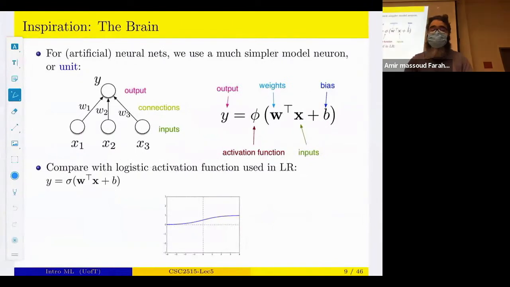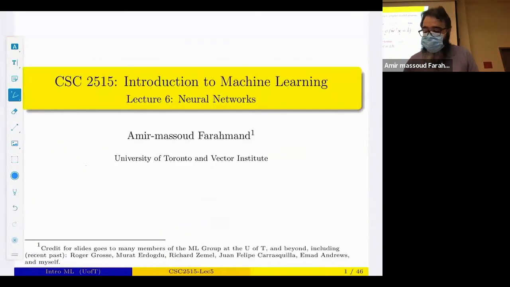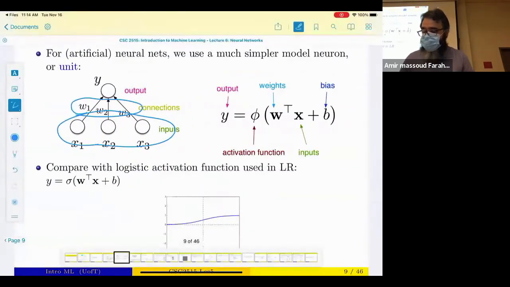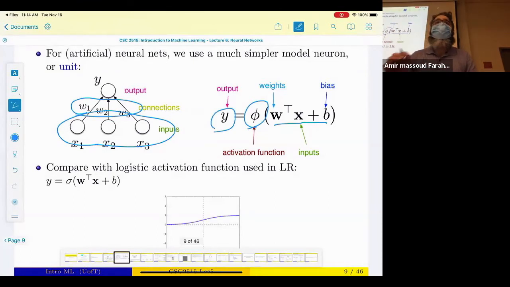We just try to imitate how, for example, a neuron in the brain works, with a simple model saying that a neuron takes some inputs, multiplies them with some weights, and generates some output. Usually we do this by computing W transpose X plus B, and then it goes through some activation function.